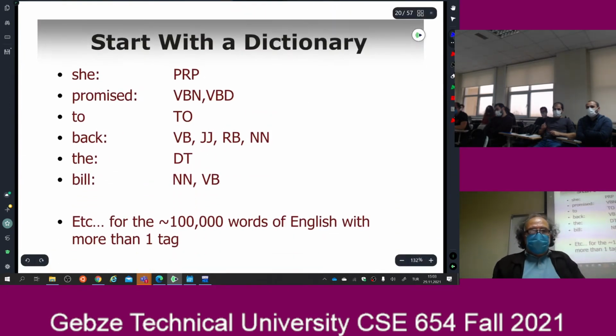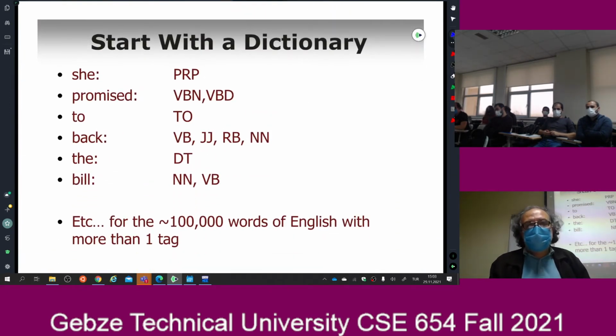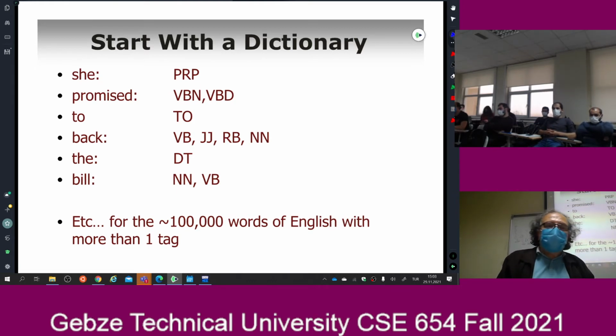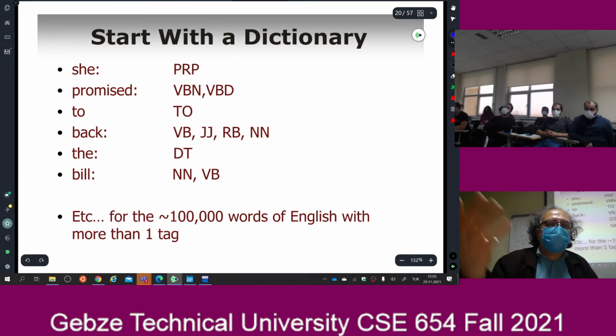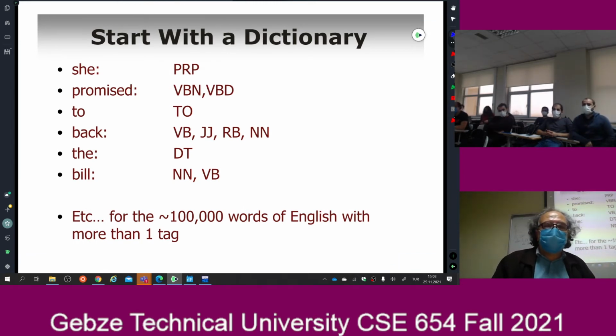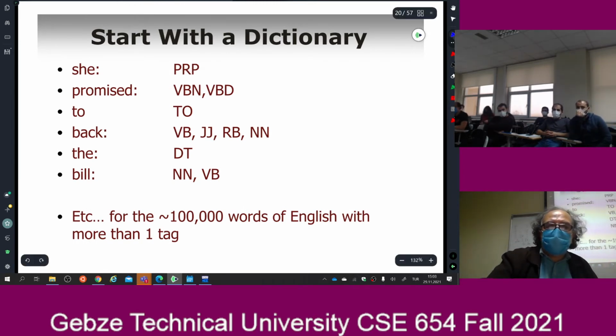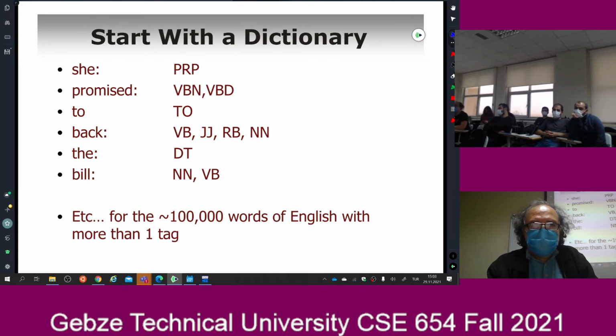For example, let's take this example. She promised to back the bill. And simplify the problem. I looked at the definition of "she" in the dictionary. It says that it's a pronoun. Promised could be VBN or VBD, but what is the difference between these two? Do you guys remember? One means past participle, the second one means past tense.